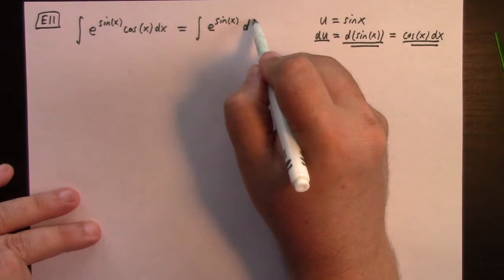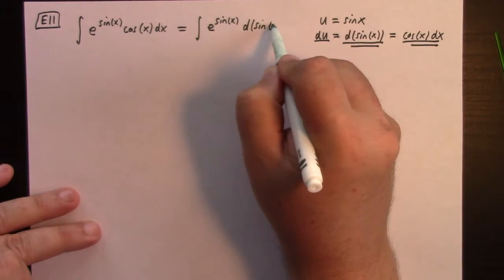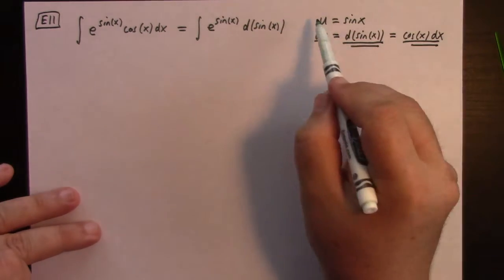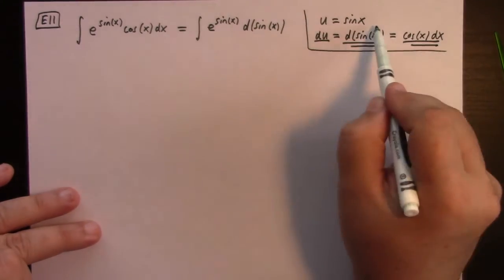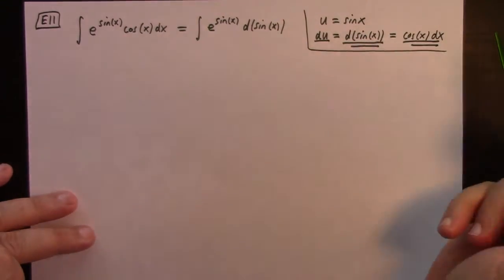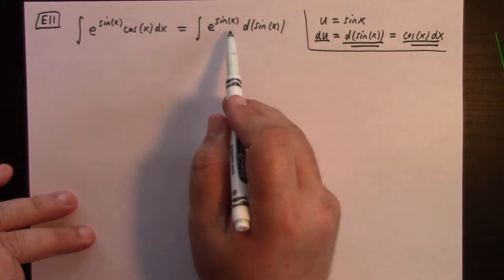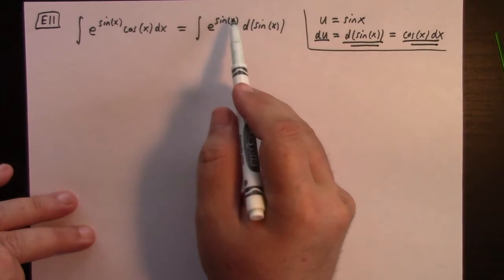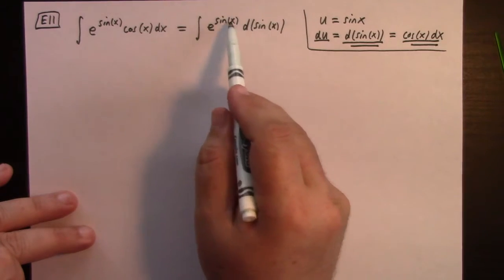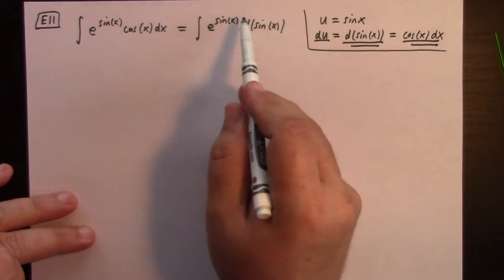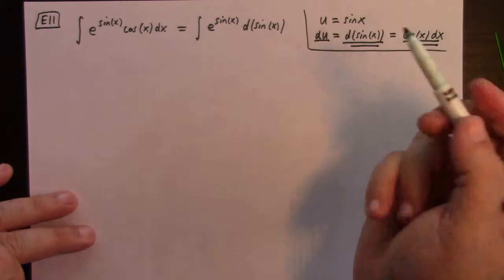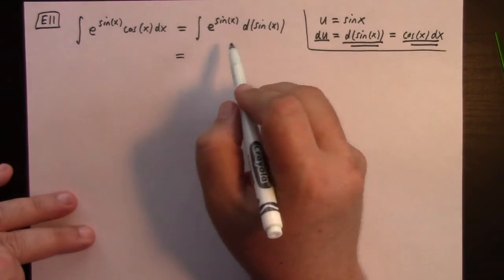So d sine of x. Imagine yourself in a world where I hadn't written u equals sine x. I don't have to. I could write this directly without even writing u. And if I can do that such that everything in the expression is just in terms of sine x, then implicitly I understand I'm making a u substitution. Voila.